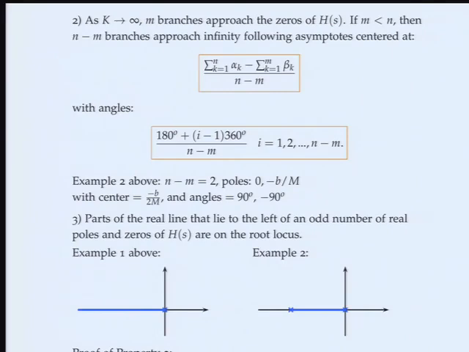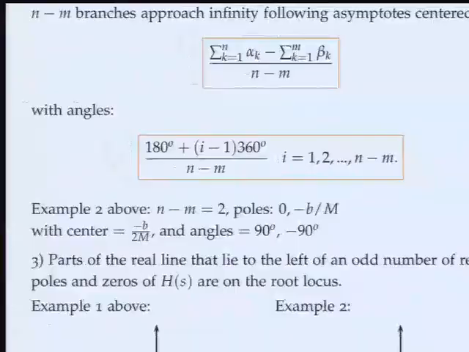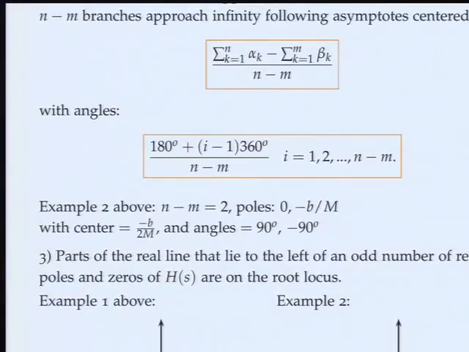There's a general formula to determine what the angles of those asymptotes are, and that's the second box expression here. So if n minus m is 1, i equals 1, and that tells you 180 degrees is the angle of the asymptote. If n minus m is 2, like in our example 2, then this will give you positive 90 degrees and negative 90 degrees as the angles of the asymptotes.